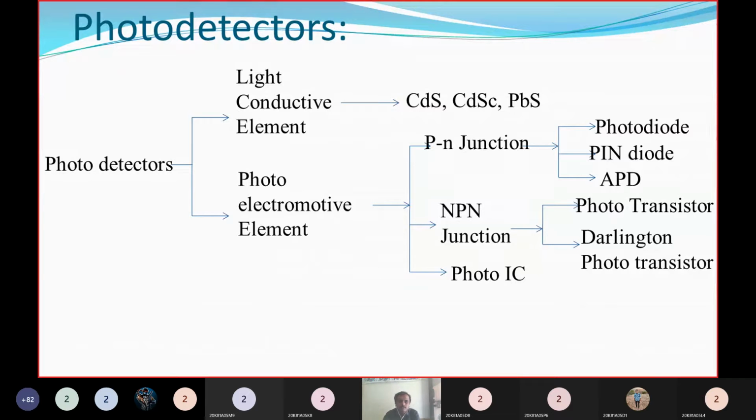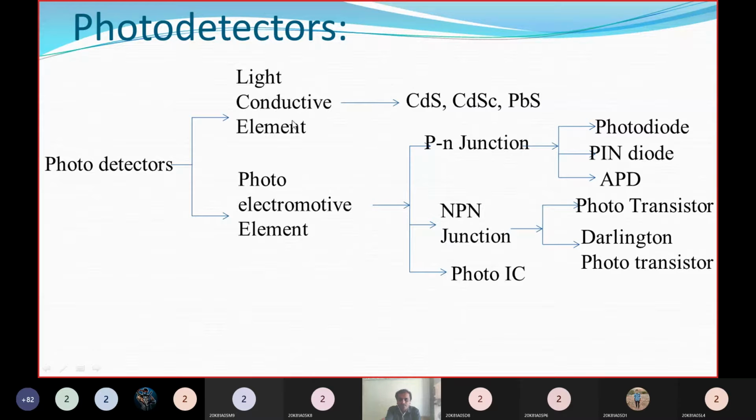Now let us go to the photodetectors. Here there are two types. The first one is the light conductive element. If you take cadmium sulfide, a combination of cadmium and selenium, and lead sulfide, these elements can pass light through them, so we call them light conductive elements.